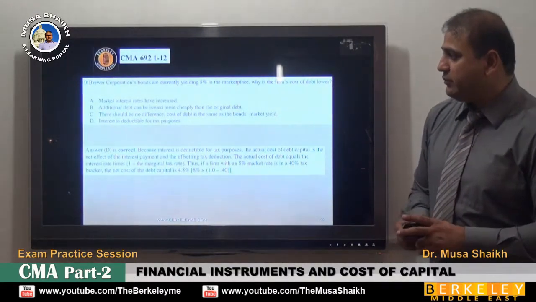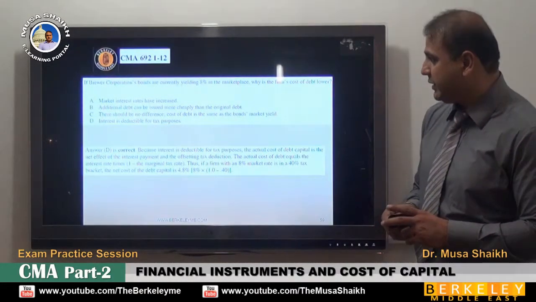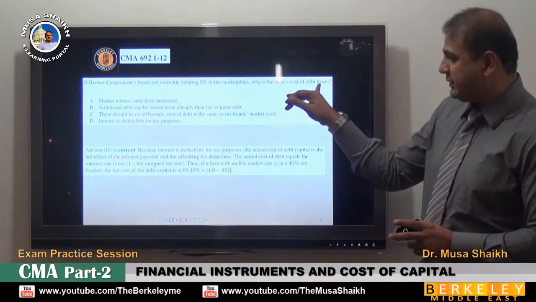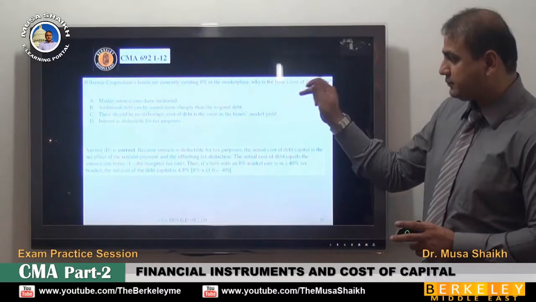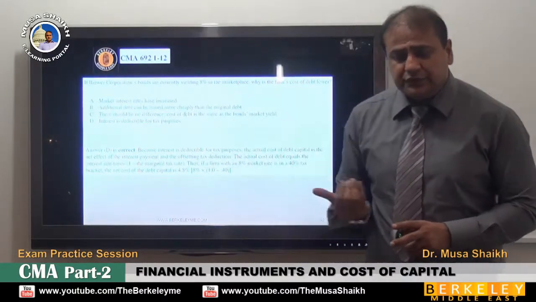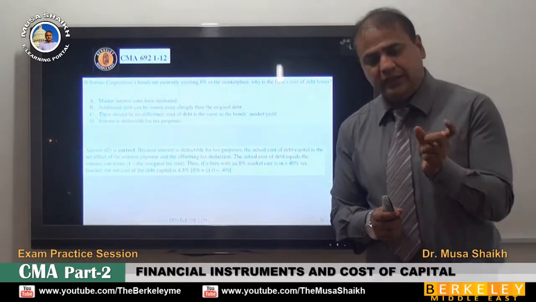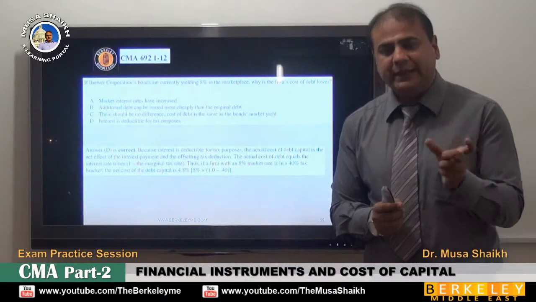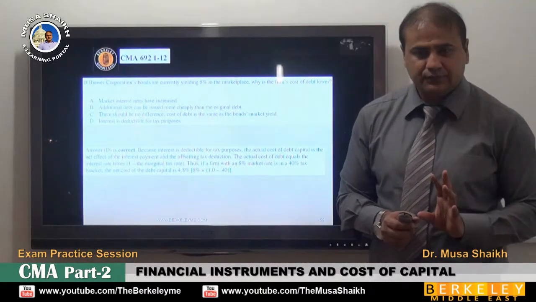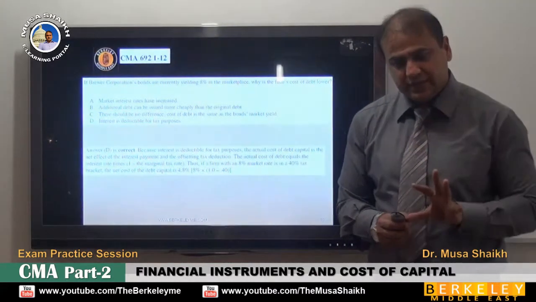If B Corporation bonds are currently yielding 8% in the market, why is the firm's cost of debt lower? We should know the tax implications when we have common equity, preference equity, and bonds, because they have different tax structures.